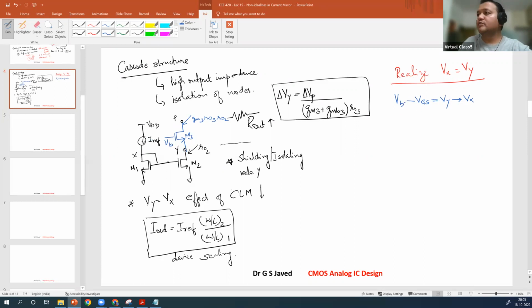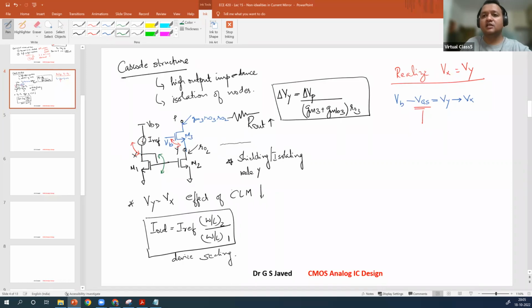That means you need to add one gate to source voltage. What is that gate to source voltage equal to? You need to add this gate to source voltage at X. The easiest gate to source voltage that can be added is a diode drop, VGS equal to VDS.